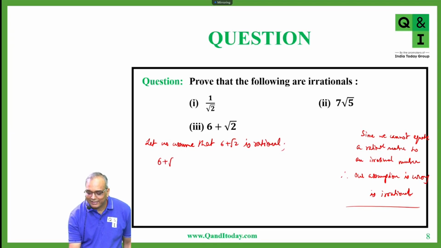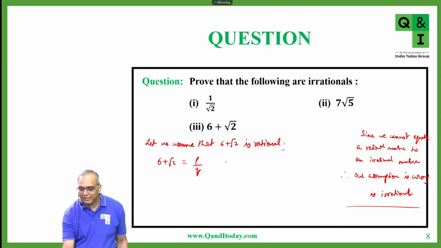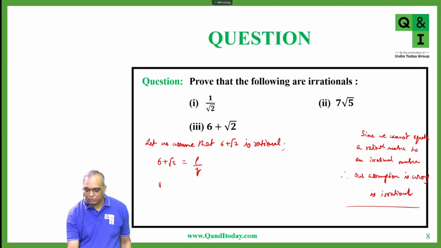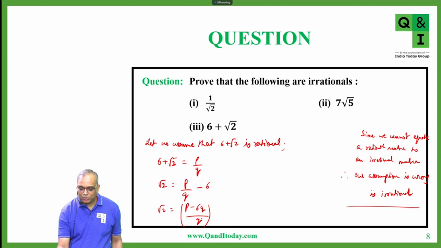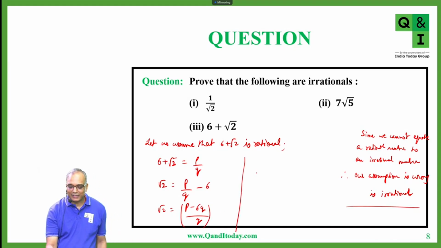So in that case, you can write 6 plus root 2 is equal to P by Q, where P and Q are integers and Q is not equal to 0. So I'll isolate root 2 on one side, which is irrational. So I'll write root 2 is equal to P by Q minus 6, or root 2 is P minus 6Q over Q. Now P minus 6Q over Q is rational and root 2 is irrational.